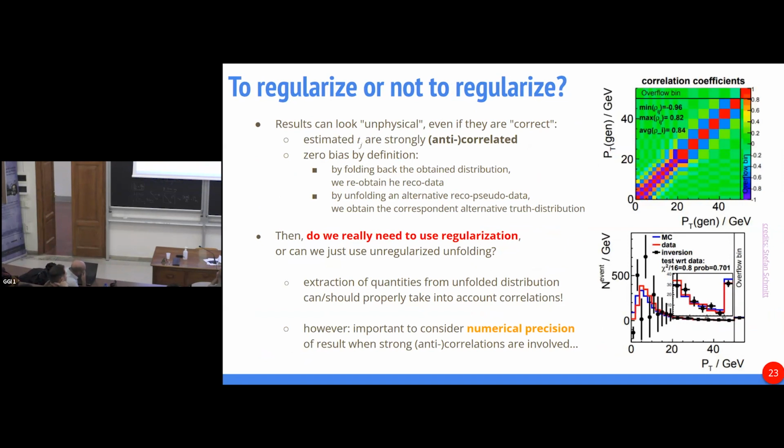If you only look at one distribution, then of course we project out the rest. Yes, correlations are very important, both between the results and between the systematic uncertainties.